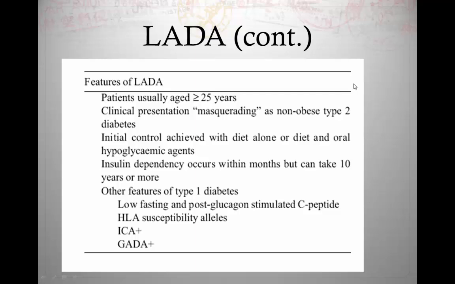Features for the presence of latent autoimmune diabetes of adults are exactly the same as regular diabetes, with polyuria, polyphagia, blurred vision. It's very similar to childhood type 1 diabetes.